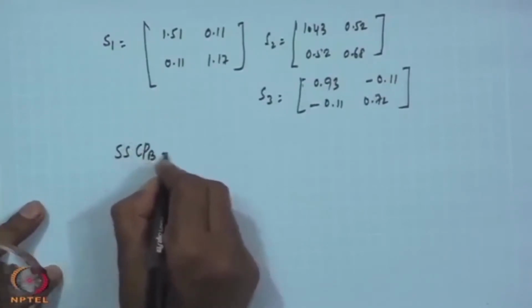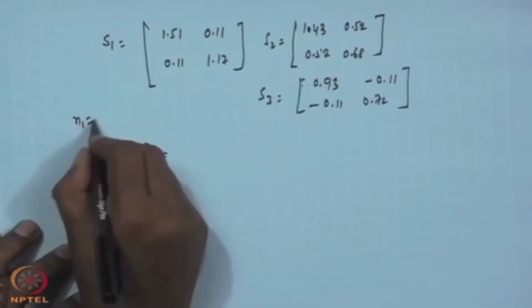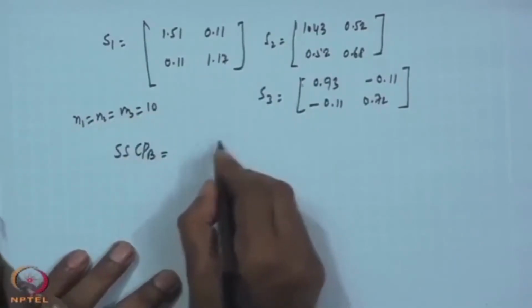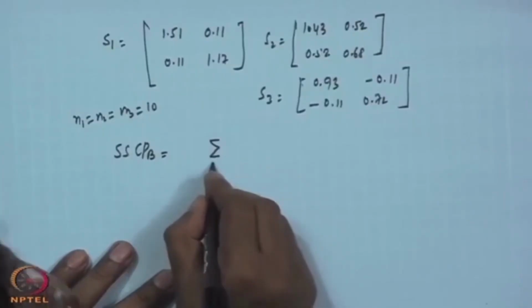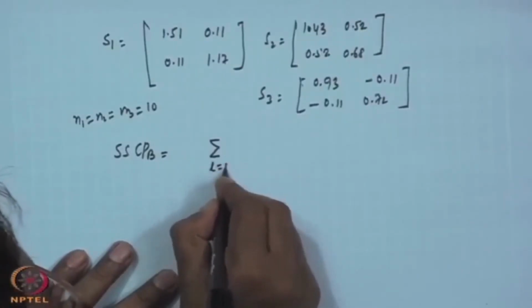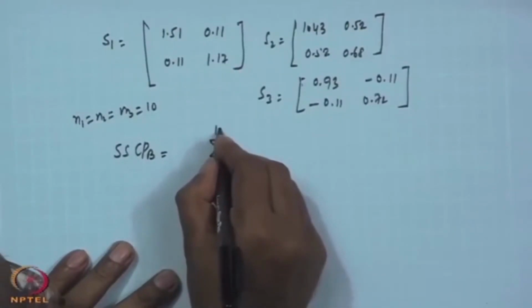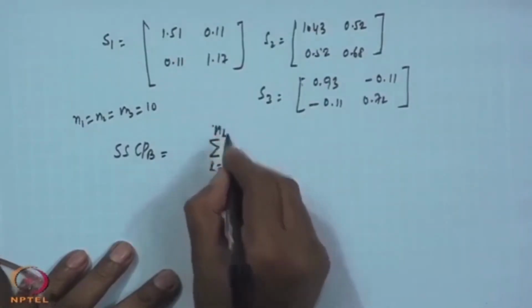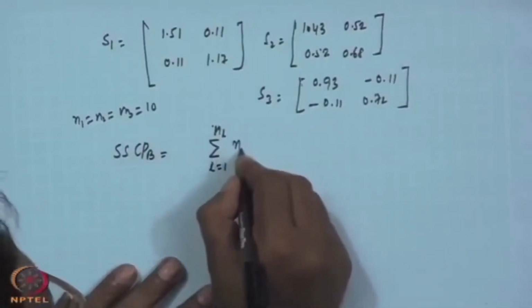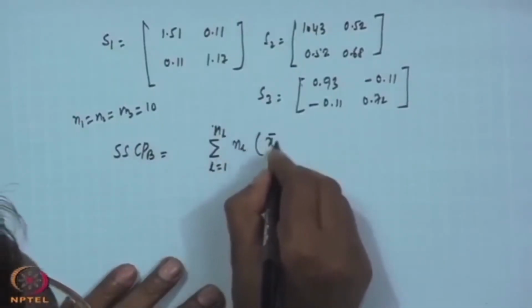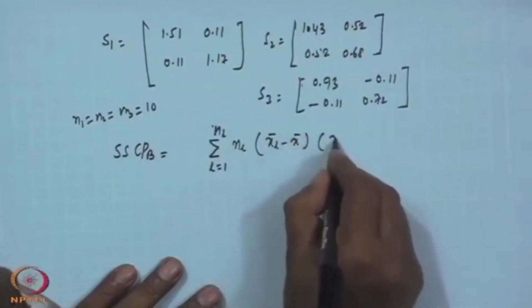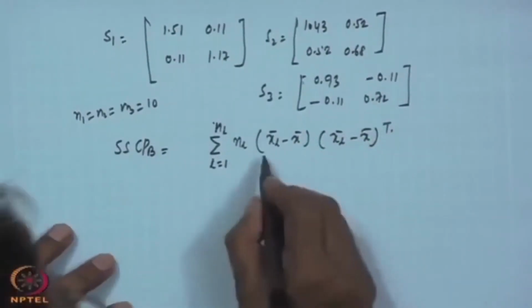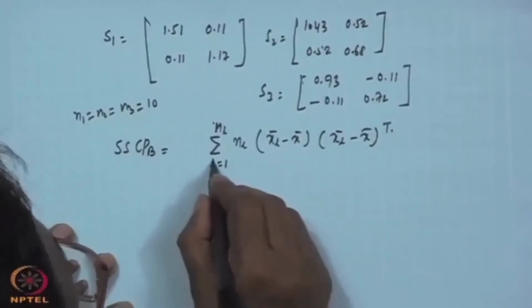SSCP B, as n1 equal to n2 equal to n3 equal to 10, is the sum over l equal to 1 to L of n_l, x_l bar minus x bar, x_l bar minus x bar transpose.